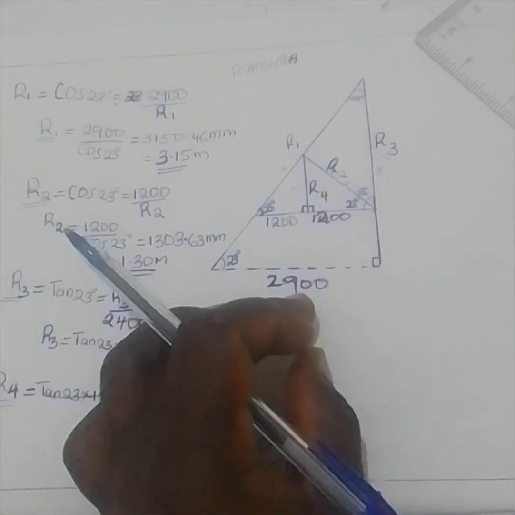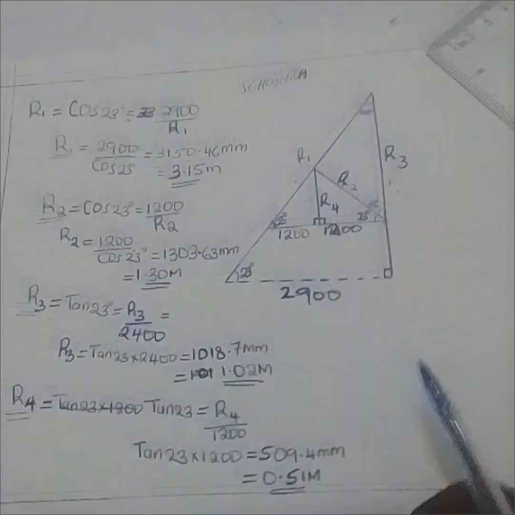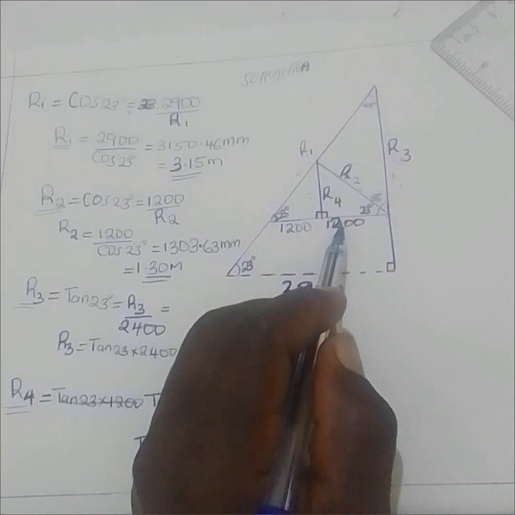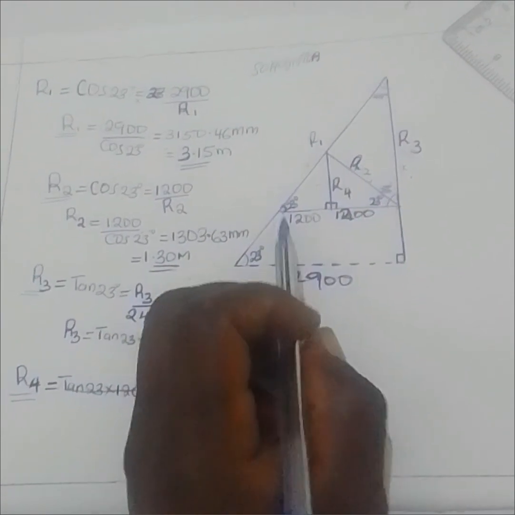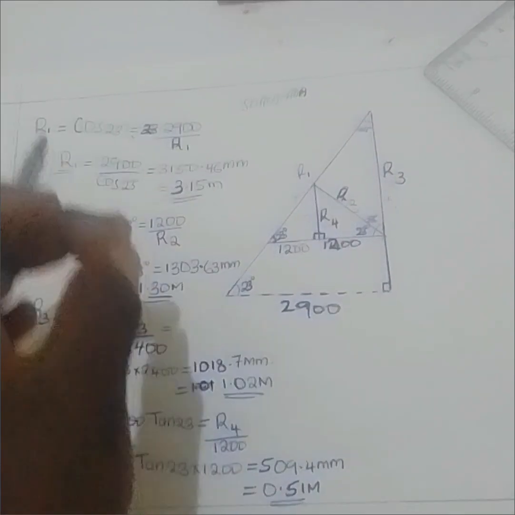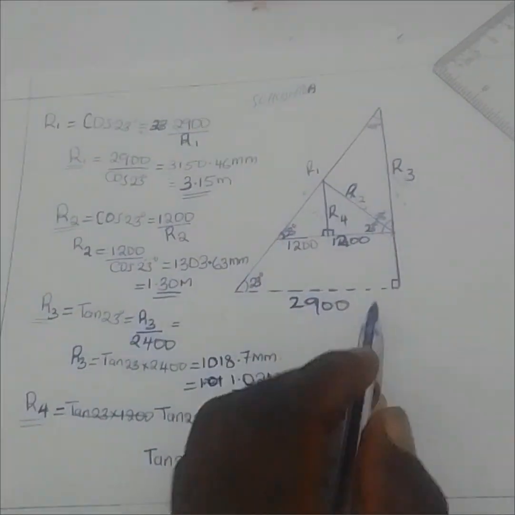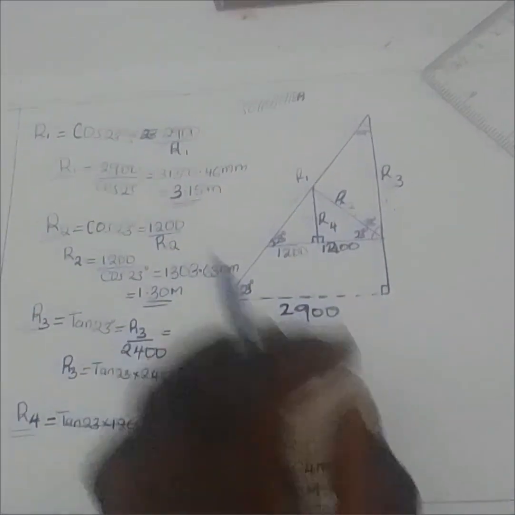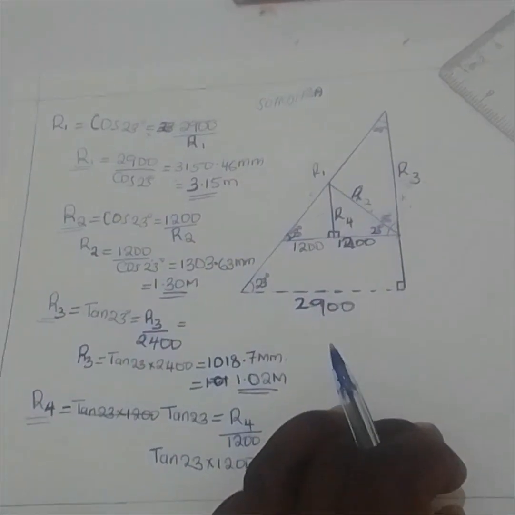How do we find 2900 millimeters? We get 1200 plus 1200, which is 2400, plus the wall, which is 200, and eave, which is 300. The sum will be 2900.